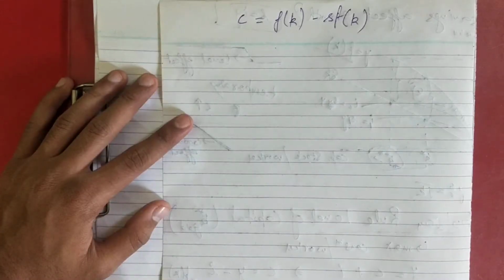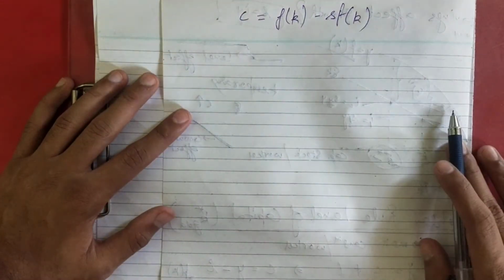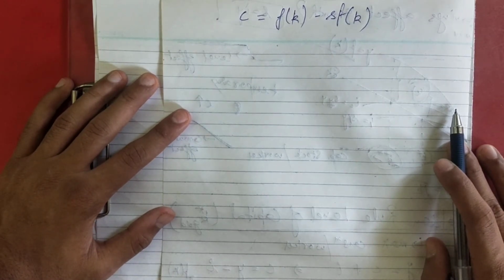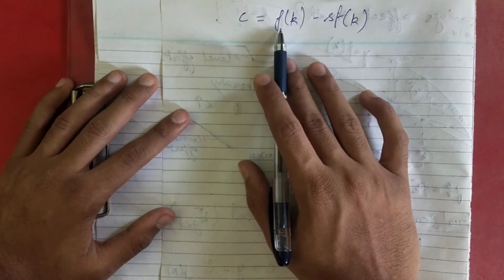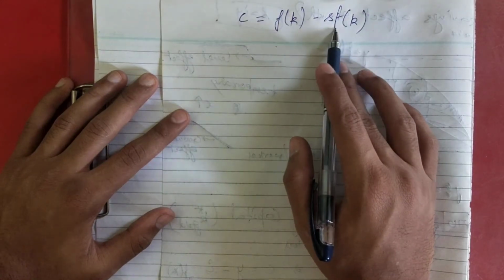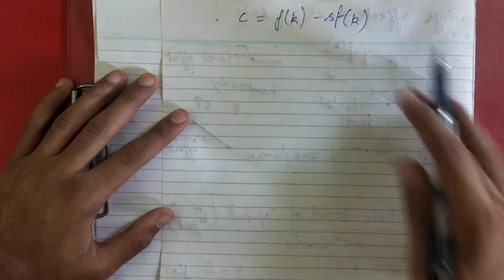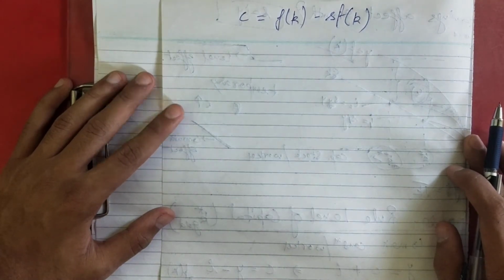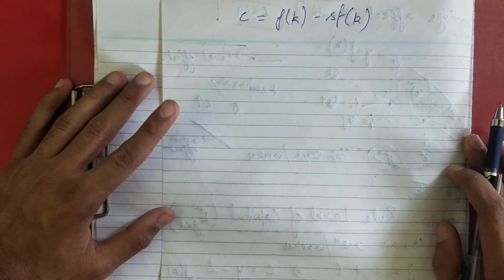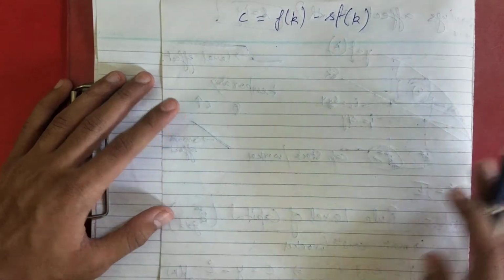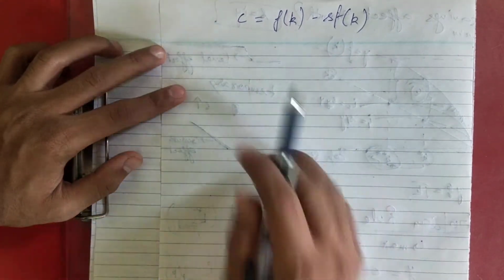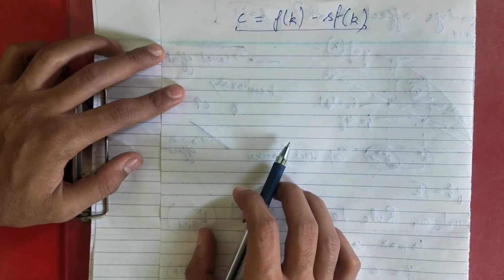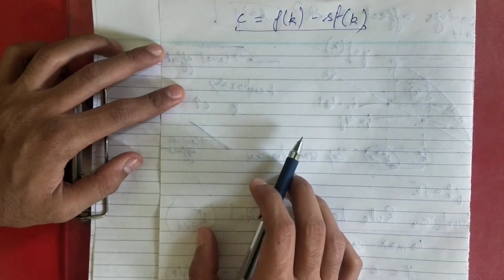So what does this final equation tell us? It tells us that consumption per worker is the difference between output per worker and investment per worker. Since we want to find the steady state consumption, we substitute the steady state values of investment and capital. Now we have to find the specific level of C where C is maximized.